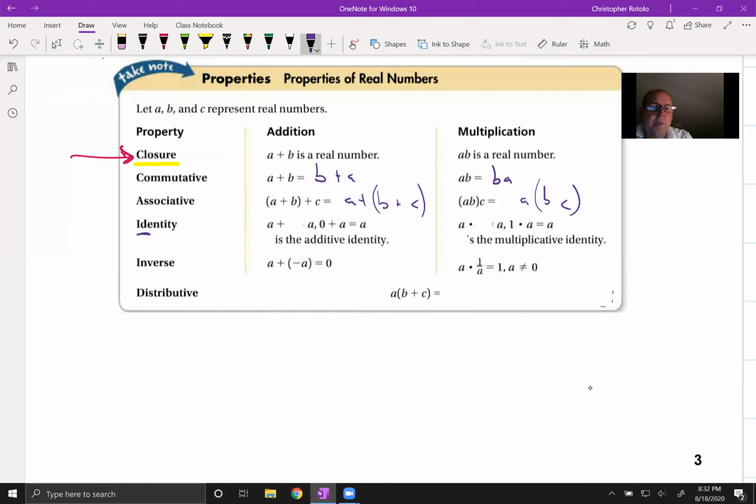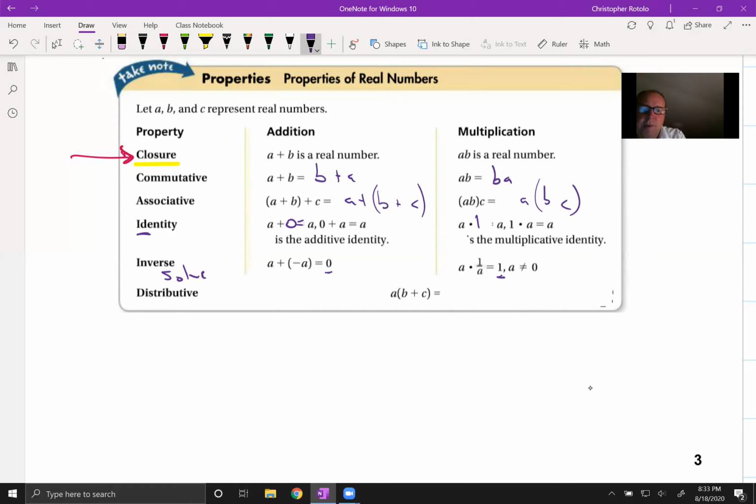The identity, you want to keep your identity. So what do you have to add? Yeah, you have to add 0. We're going to add nothing to keep A. What do you have to multiply? 1. The inverse, so this is where you want it to turn into 0. And this is what we use to solve. Okay, so if you were thinking about getting rid of something, right, whether it's by subtracting from an addition or dividing from a multiplication, then that's what happens.